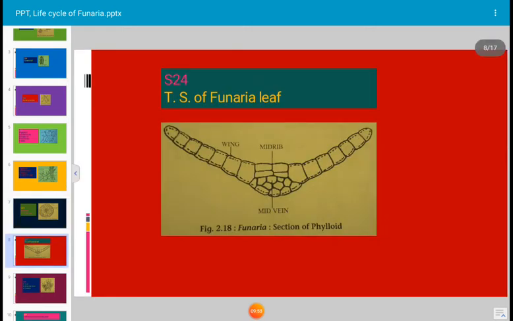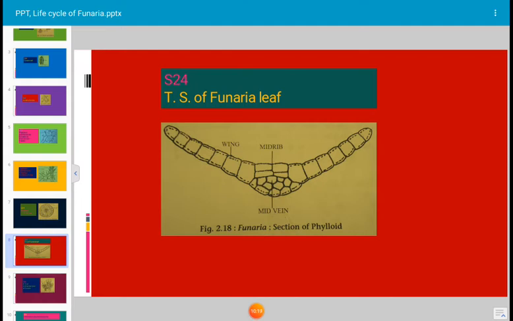Let us see the details of the anatomy of the Funaria leaf or phylloid. The leaves are sessile. There is no stalk-like structure to the leaf. Hence, such leaves are described as sessile. There is no petiole.